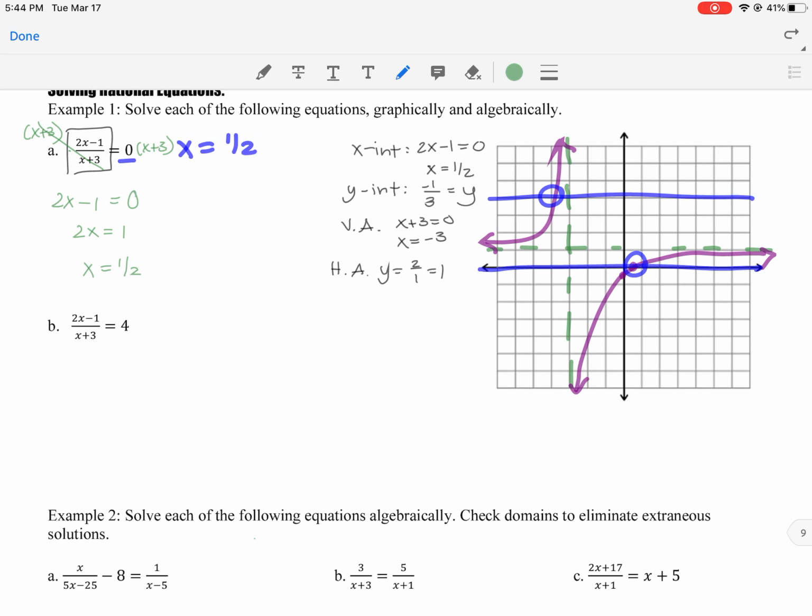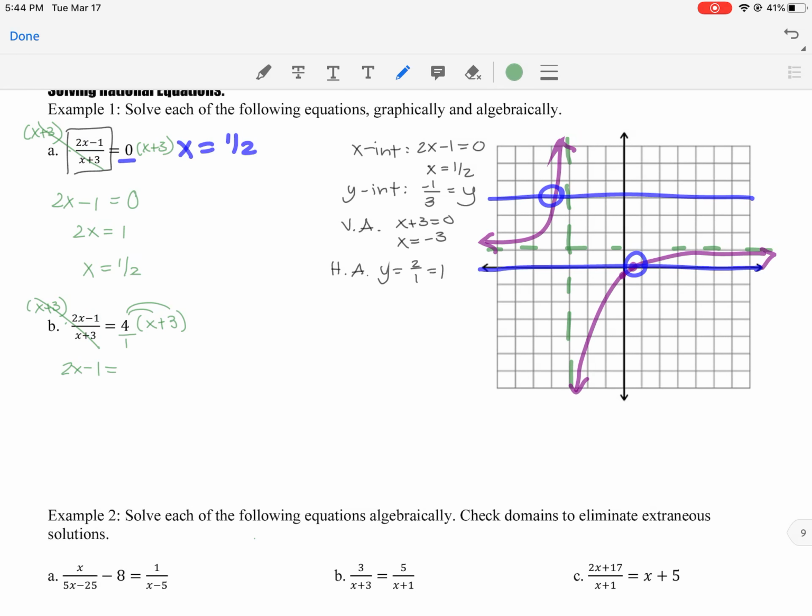As we think about this problem algebraically, same thing we did above. You can either think about this as 4 over 1 and cross multiply. However, I would advise against that just because when we get to inequalities, you will not be able to do that. Although you could here, it's basically thinking about multiplying both sides by that x plus 3. Be sure to use parentheses so you remember to distribute the 4 when solving.